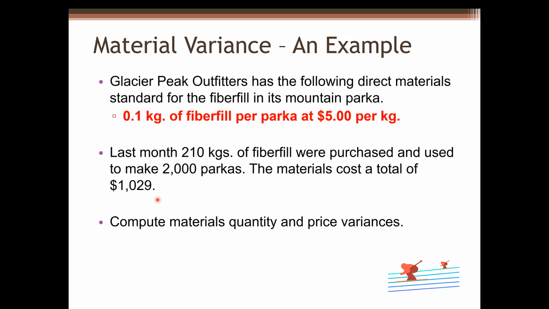But if we want to get the details, we need to calculate actual price for each kilogram, because the question does not tell us. We know actual cost, $1,029, and actual quantity, 210 kilograms.